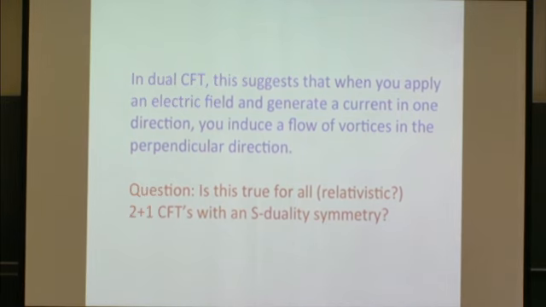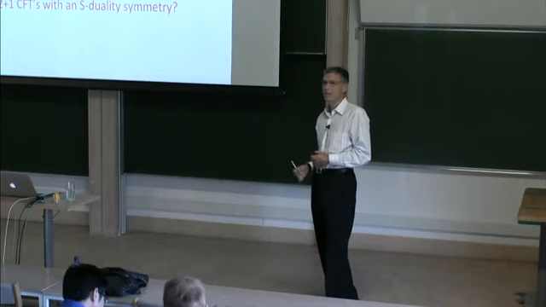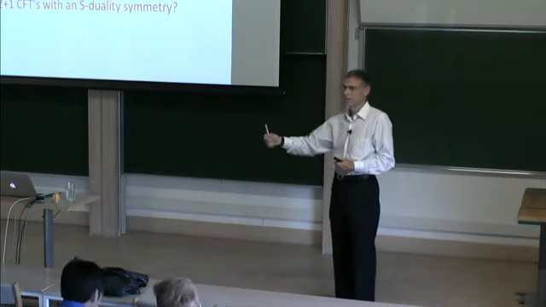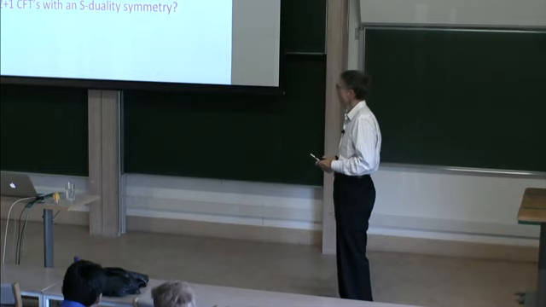But here's a guess. In the dual CFT, it suggests that when you apply an electric field and generate a current in one direction, you somehow induce a flow of vortices in the perpendicular direction. This is suggested by the isotropy of the pressure and the fact that under S-duality, particles are interchanged with vortices.